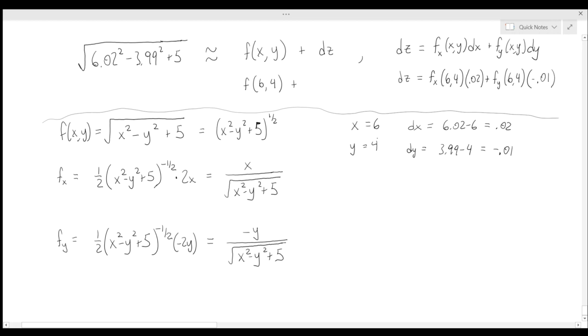So let me start by plugging in 6 and 4 into f and the partial derivatives. Give me 1 second, I gotta plug in my laptop. Okay.